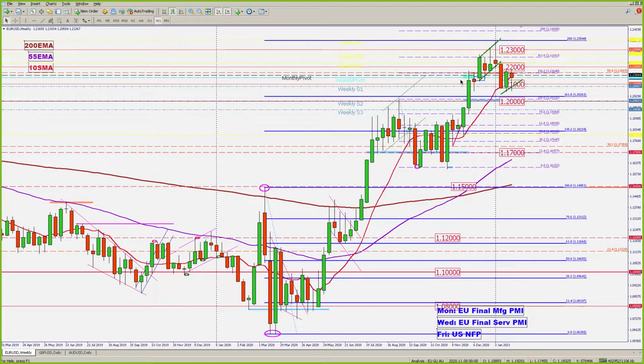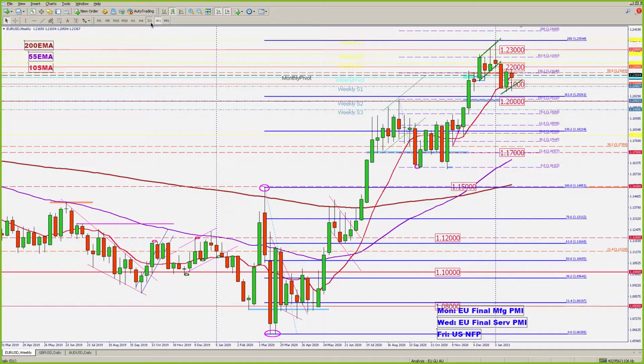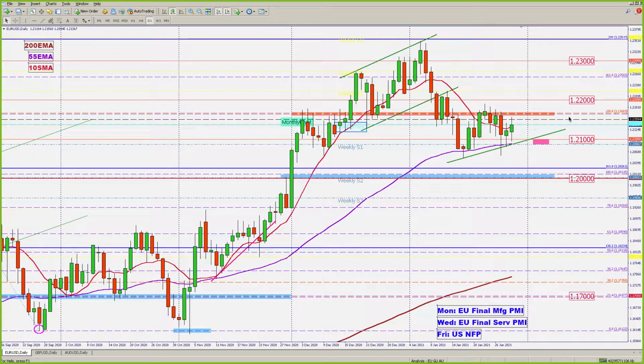Let's take a look at the weekly time frame, and it stayed within the range of the previous week. And for the month, it's basically like a spinning top, stayed neutral. So the resistance is still right at the 55 retracement level of the bigger time frame.